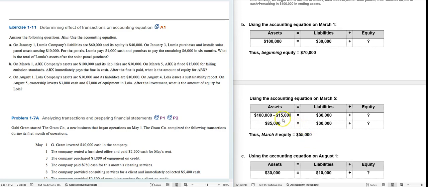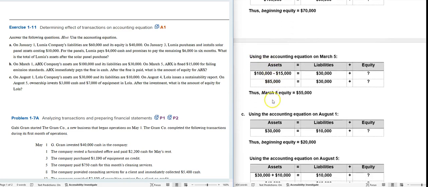The other way to look at it is knowing that assets went down to $85,000, liabilities were unchanged, equity must have ended at $55,000. Again, the concept here is when one item in the accounting equation changes, something else needs to change as well, right? Because we always have two things affected.